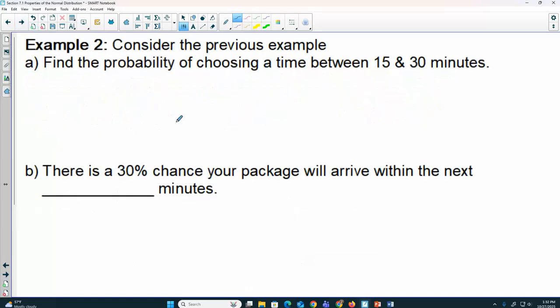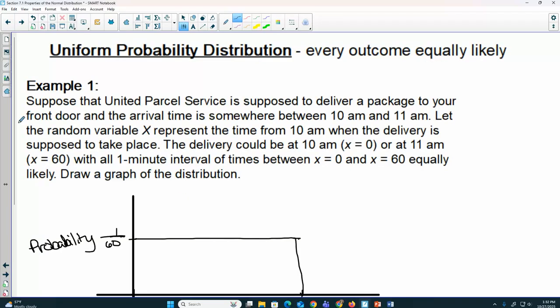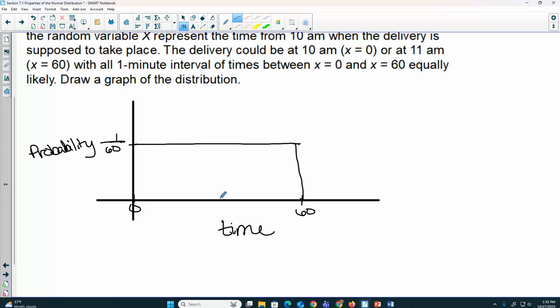So using that, let's answer some questions. Find the probability of choosing a time between 15 and 30 minutes. Okay, think about what this means. If I said my time was between 15 and 30, then I'm talking about this little section. A probability density function is basically a graph where the area represents the probability.